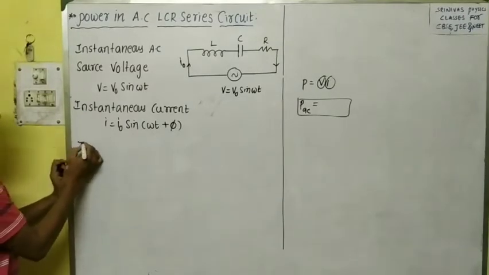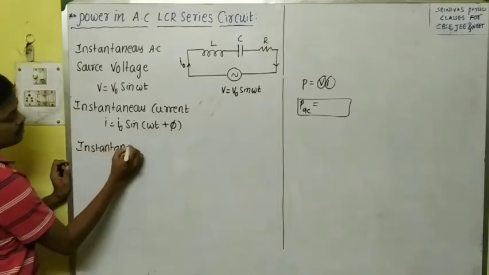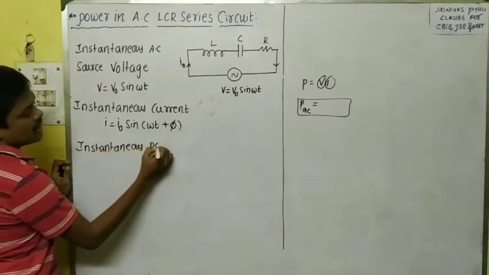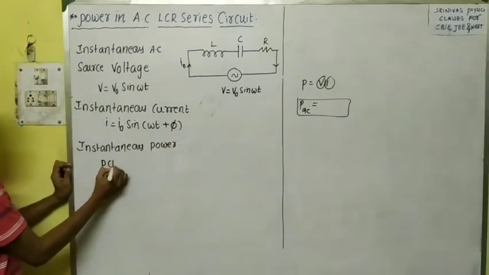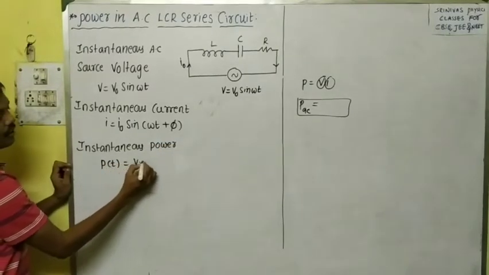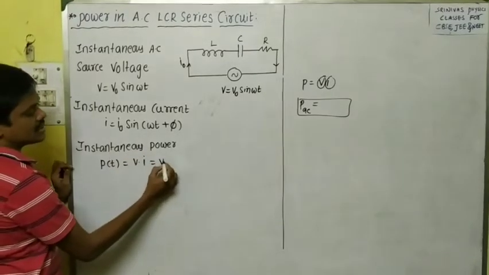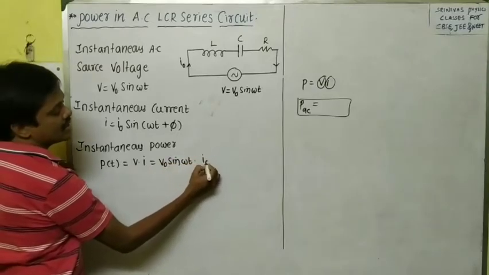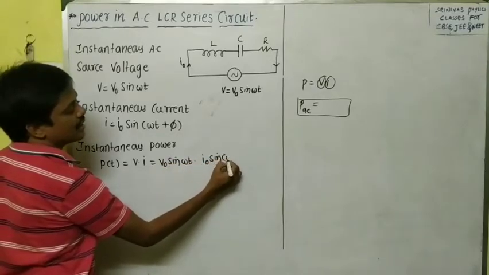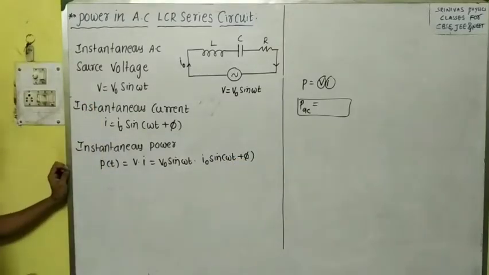Now I want the instantaneous power. Instantaneous power means the power at any instant of time. That is the product of voltage and current. Voltage is V0 sin omega t and the current is I0 sin(omega t plus phi), where phi is the phase difference between the current and voltage.